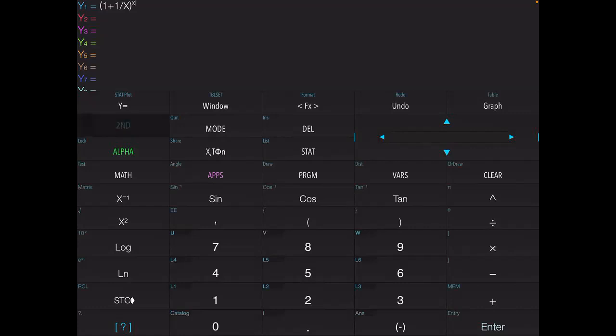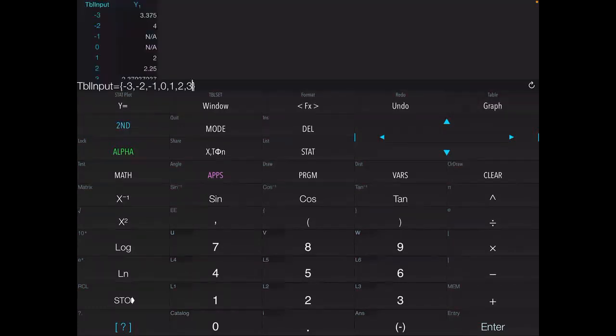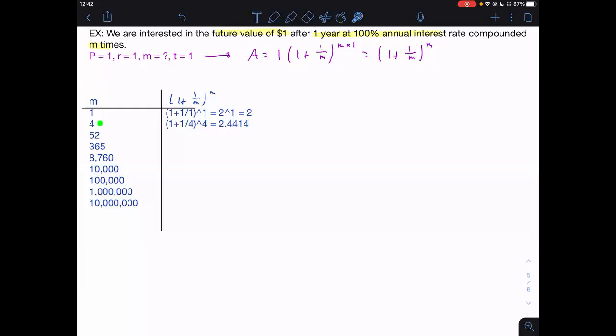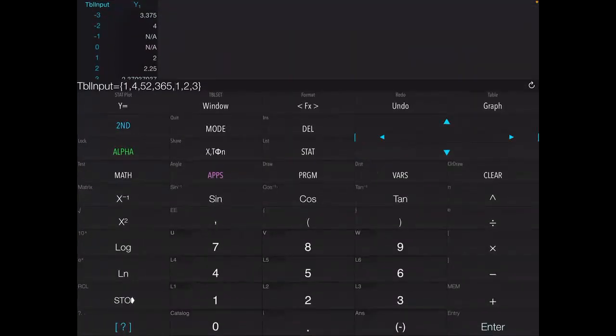So let's go to second graph, set up our table here with these numbers, or at least most of those numbers. Okay, so we have 1, then we have 4, 52, 365. These are pretty much the known common values for m, and then we have these here: 8,760, 10,000, 100,000, 1,000,000, and then 10 million. So 8,760.